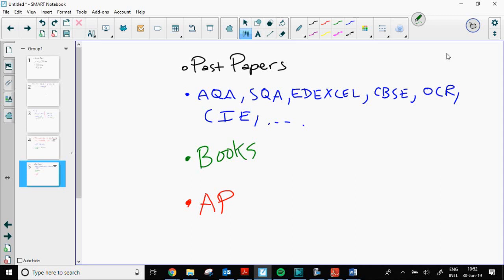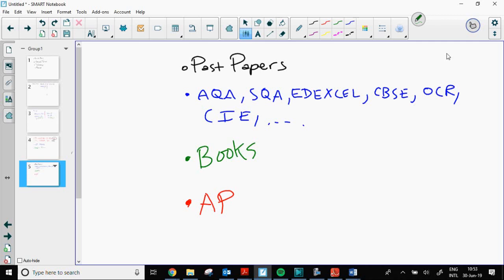Third option, you could use other IB textbooks. I have a growing collection in my classroom of textbooks that I can lend to you, and I certainly do take questions out of those on my in-class exams from time to time. So if you feel like studying a particular book and seeing if you can get lucky with it, be my guest.